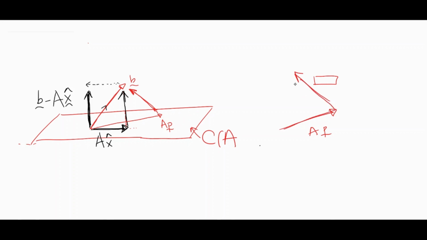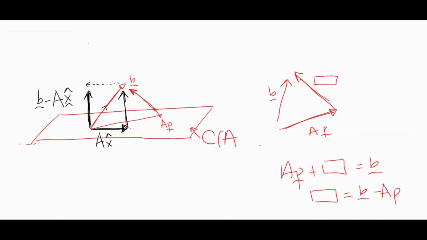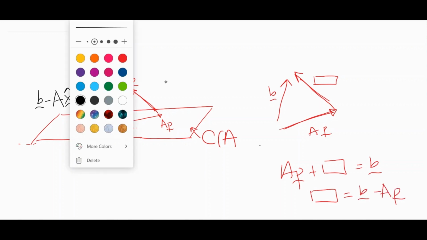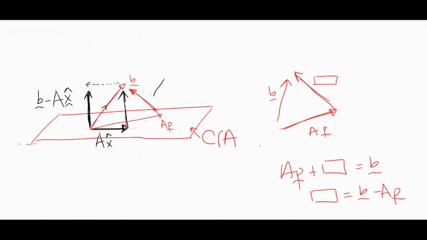So AP plus this unknown vector gives you B. What is that unknown vector? It is B minus AP. So we can label it: this unknown vector is B minus AP. This is just labeling. AP is in the column space of A, and B minus AP is that vector.